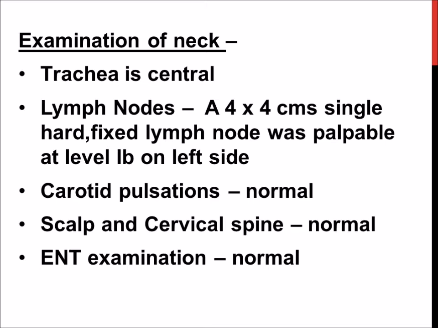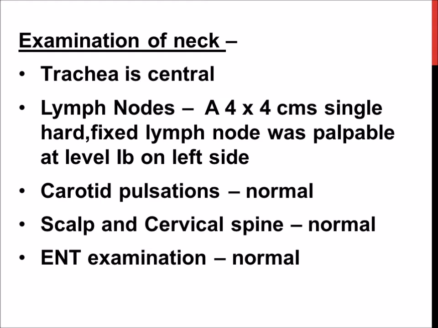I'll talk about what is level 1B, but single, hard and fixed is again pointing toward malignant lymph nodes. Remember, if the lymph node becomes spheroid, hard, fixed, non-tender, it is going to be a malignant change. If it is smooth or firm, if it is adhering, and if it is tender, it is an inflammatory lymph node. It is an inflamed lymph node.